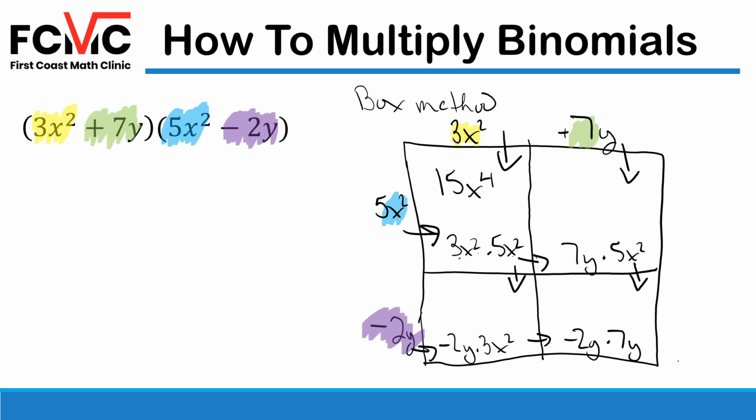Multiply our bases, we want to add the exponent. 7y times 5x to the second is going to give us 35x to the second y.